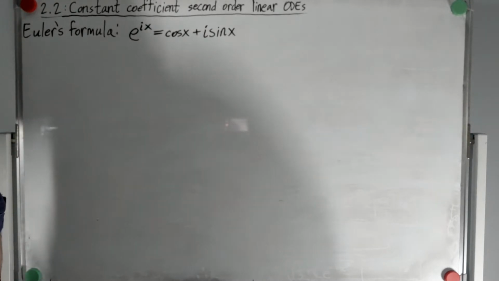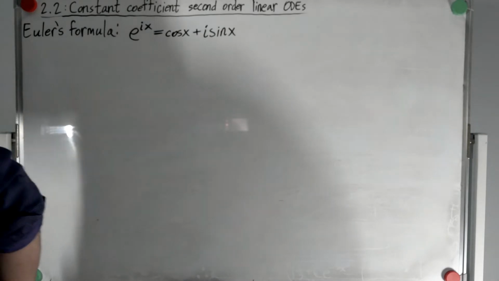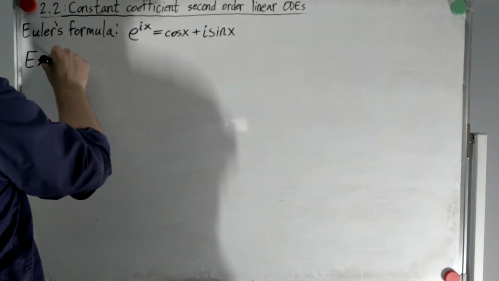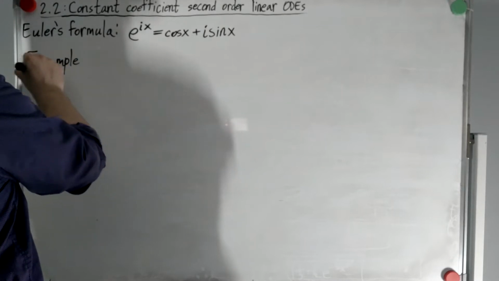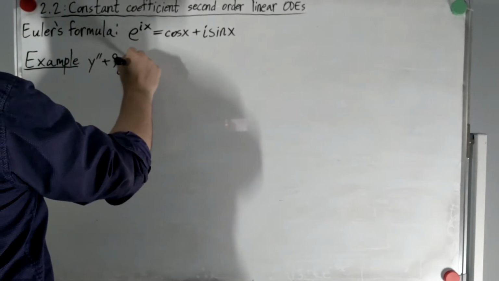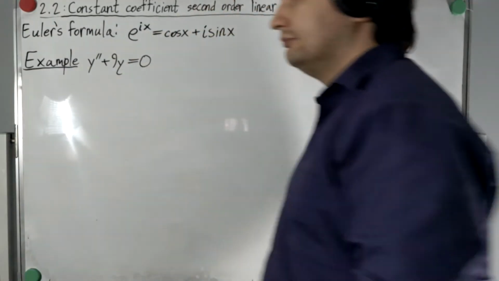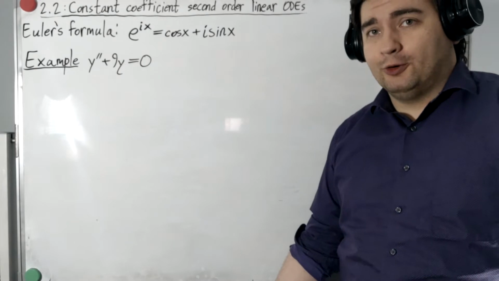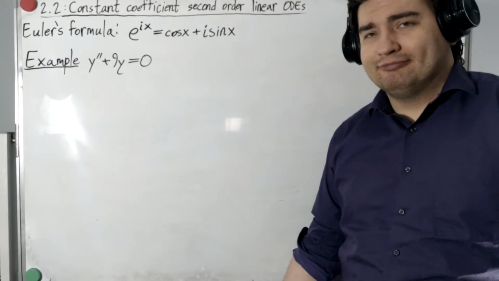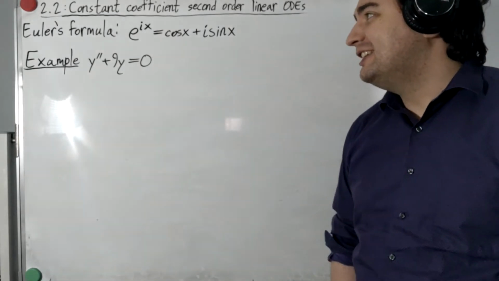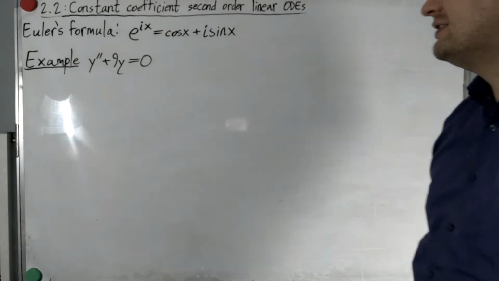Let's suppose we're looking at y prime prime plus 9y equals 0. That's a perfectly ordinary differential equation, a perfectly normal problem that we could easily get.